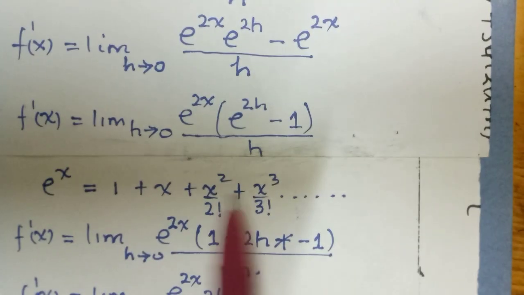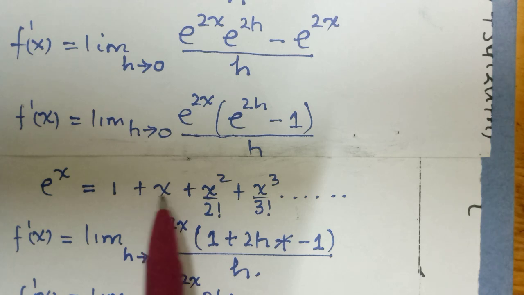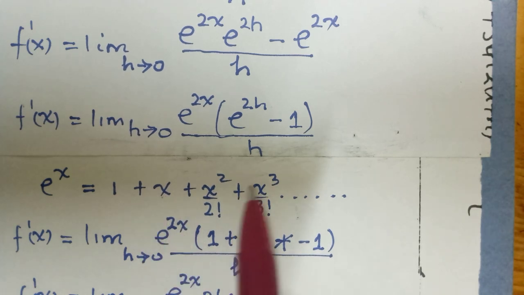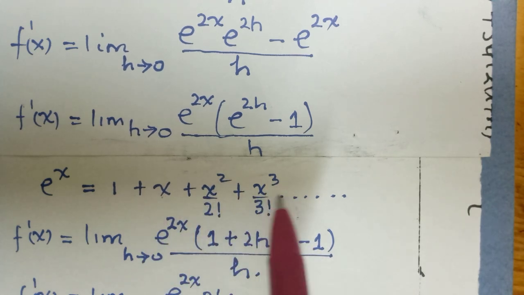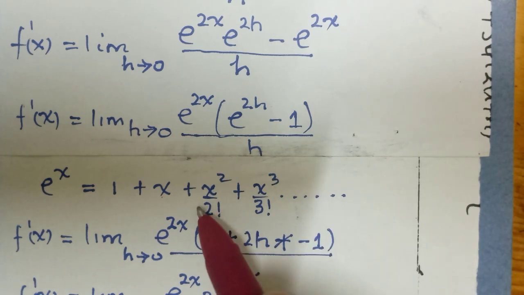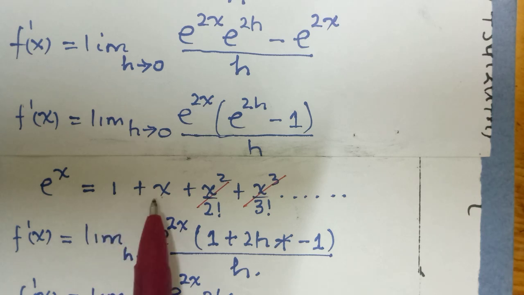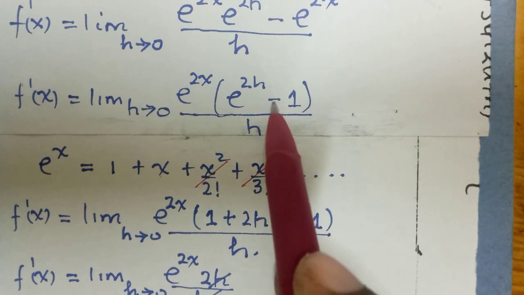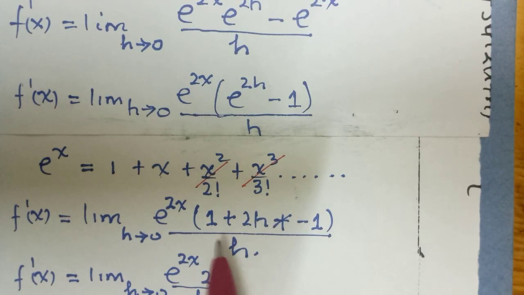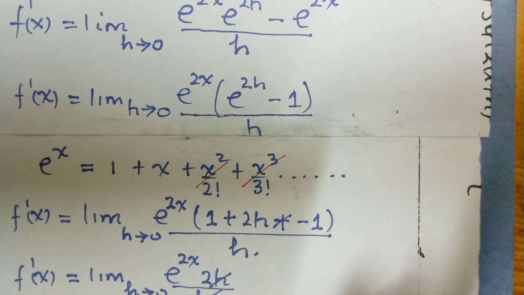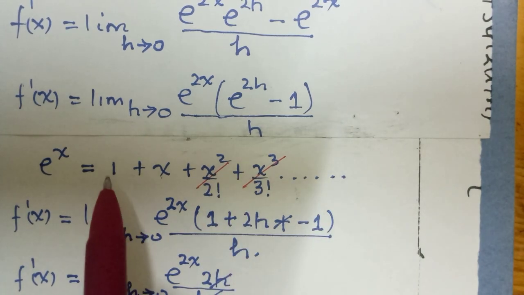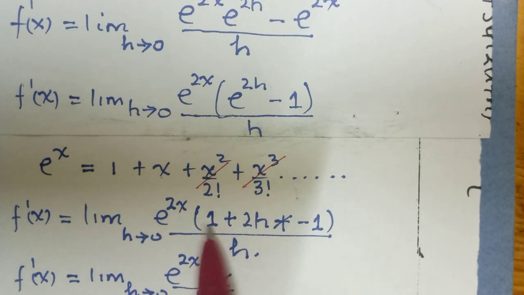So it is the 2h we are going now to replace. Where we have x, we put 2h. So as we continue, and as the h tends to 0, we do not need the other values. So we just put our first values, that is 1 plus 2h. And this is what I have put here. Then you have this minus 1, we write it there. And originally we had 1 here. This is the one now that is here. 1 plus 2h, minus 1.